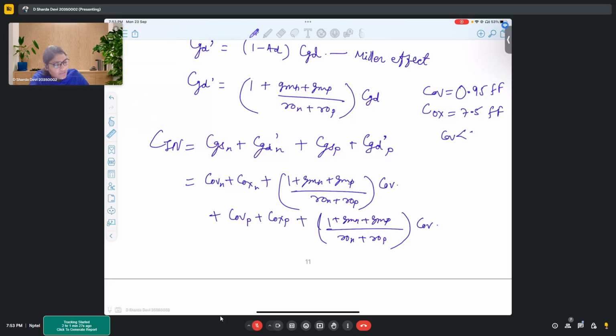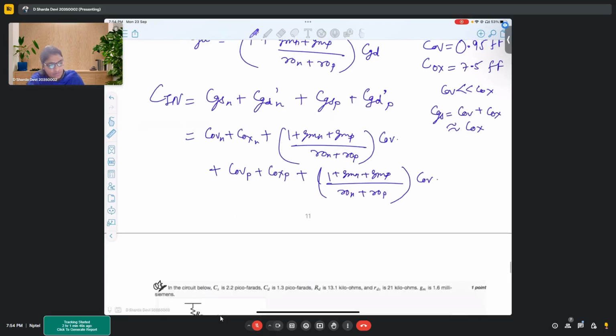C overdrive is much less than Cox, right? So CGS, we have considered Cov plus Cox. It is approximately equal to Cox because C overdrive is very small. So you can use this value or you can also neglect this value. It will not make much difference.